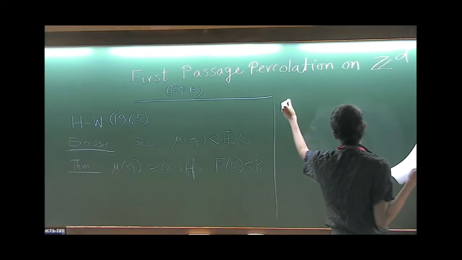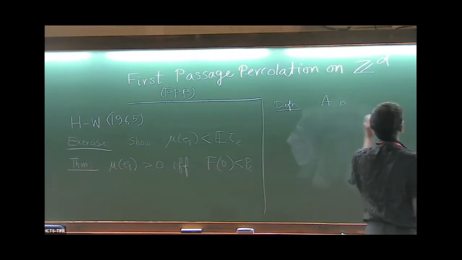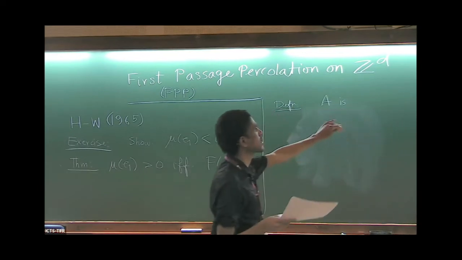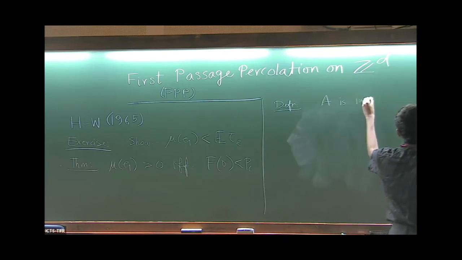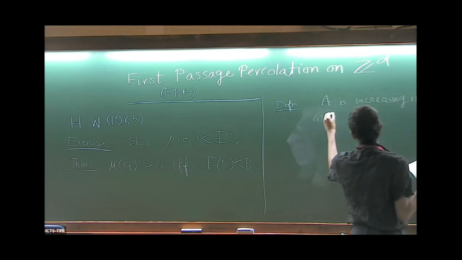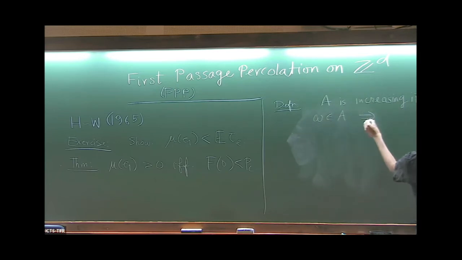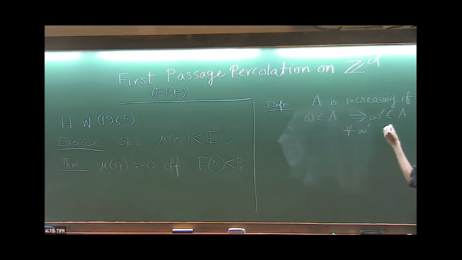So let me first define an increasing event. So I'm still in the setup of percolation. So my probability space is {0,1} to the power E of Z^d. A is increasing if... So what does it mean?